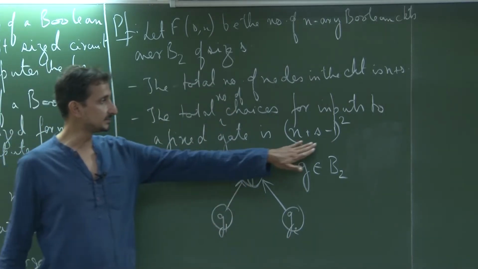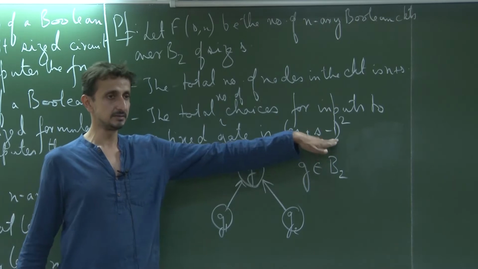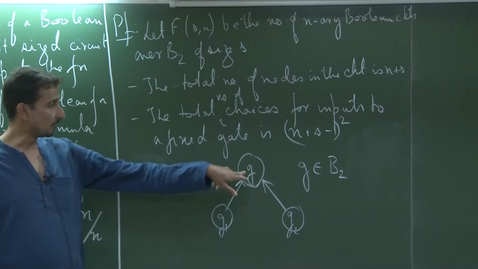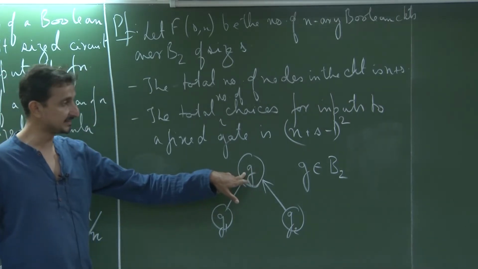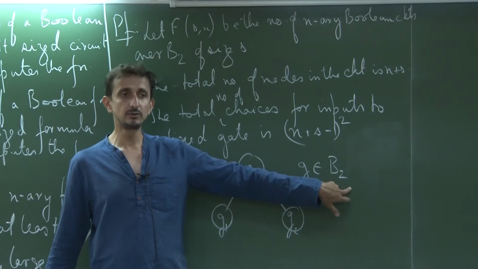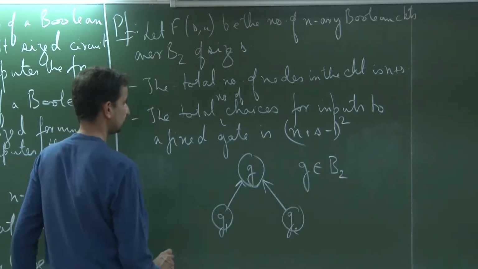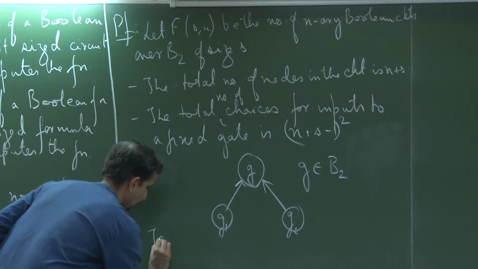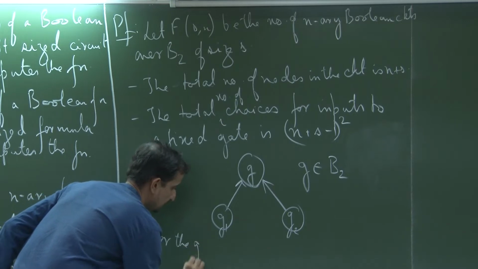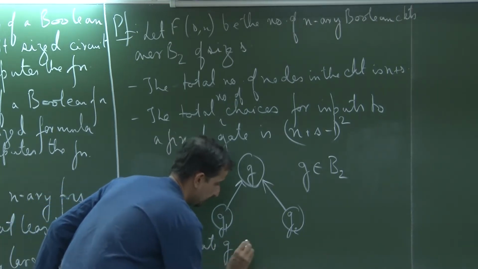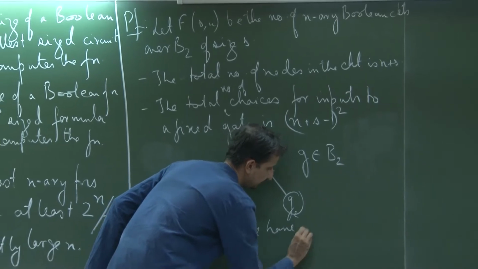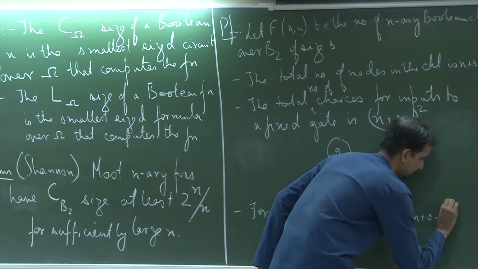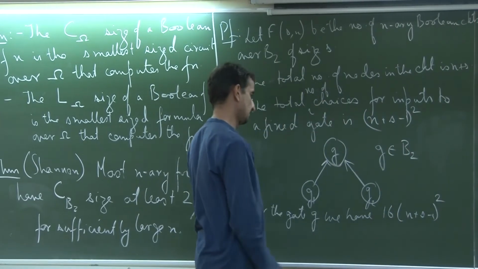For G1 there are this many choices, for G2 there are this many choices. Therefore, the total number of choices for the inputs is this square. Now, how many choices are there for G itself? 16, because B2 has 16 elements. So, for the gate G, we have 16 times n plus s minus 1 whole square possibilities.